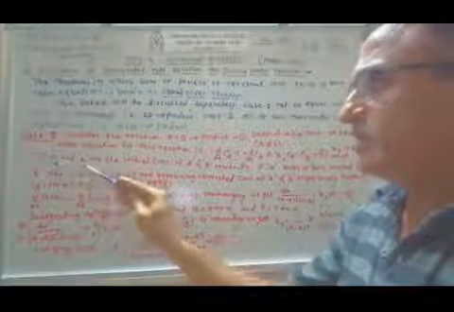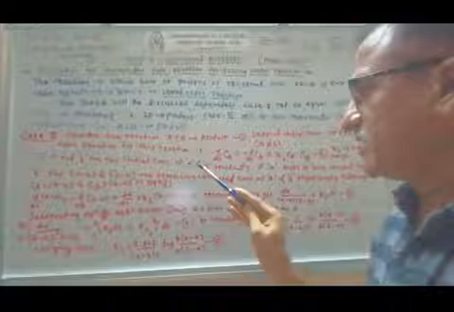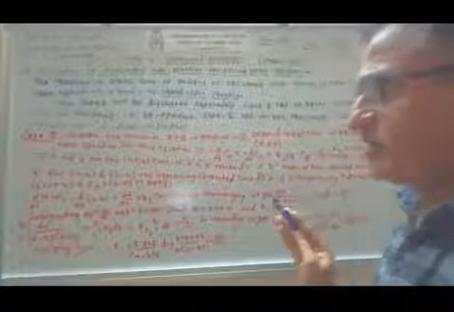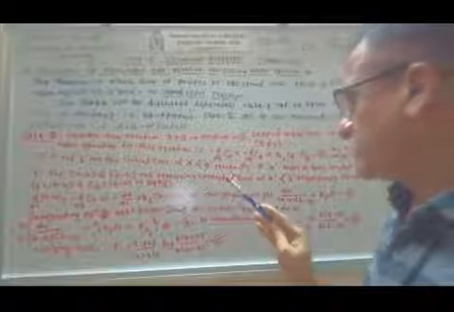Now if small a and small b are the initial concentrations of the reactants A and B, then if x moles of reactants both A and B are reacted in time t, then a minus x and b minus x are the remaining unreacted concentrations of reactants A and B respectively.